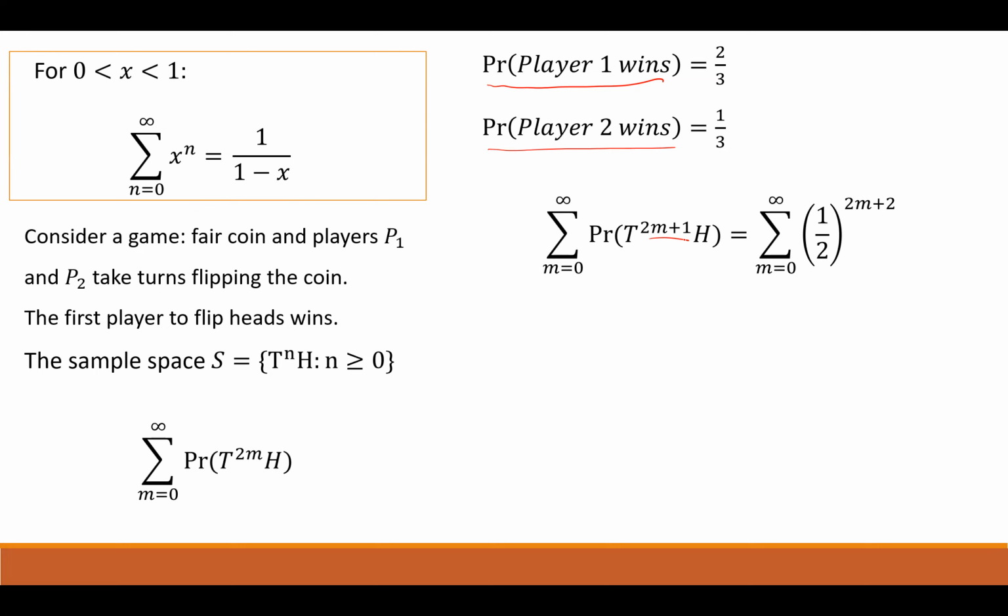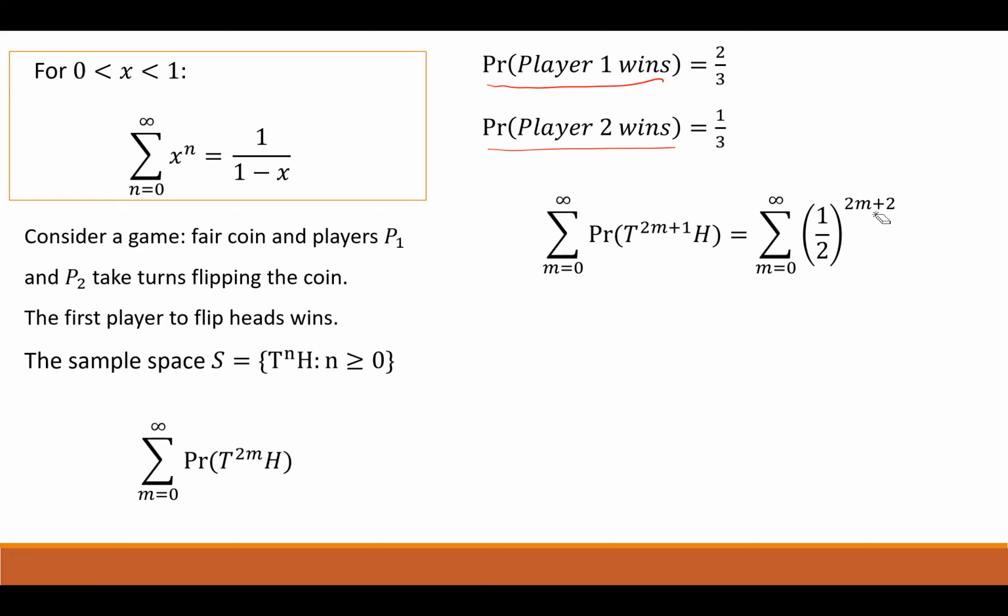Then I can, again, use the fact that these are independent, so I can express each as the product of their individual probabilities. So I get 1/2 times 2 to the m plus 1 plus another one for my h here. So I get 2 to the m plus 2.